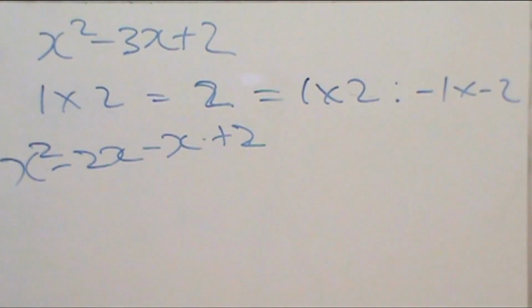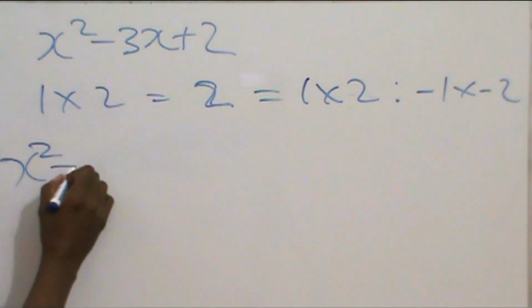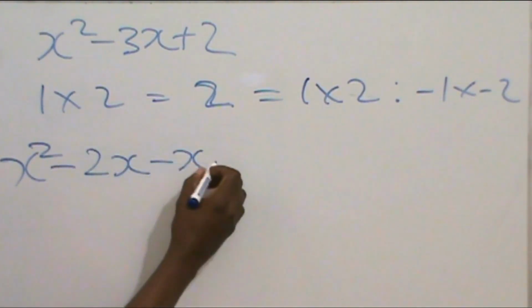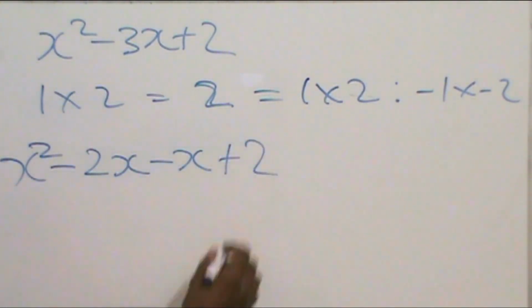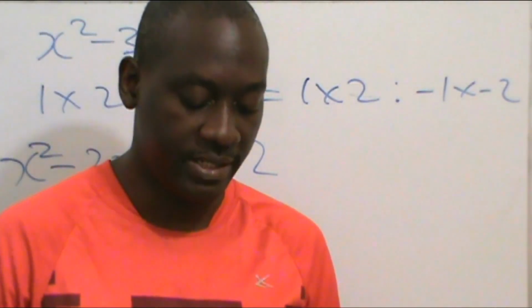look at step 4. You rewrite the original expression as x squared minus x minus 2x, or x squared minus 2x minus x. I will write it in the alternate form on the board, and in the document you have the other form.